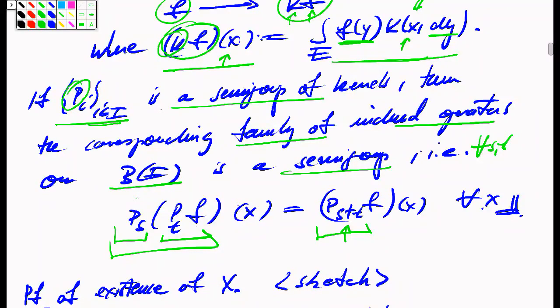So if you compare again to what we know about Markov chains, this is in a way to be understood as the evaluation of an observable after s steps and then after t more steps when we start the Markov chain at position x.